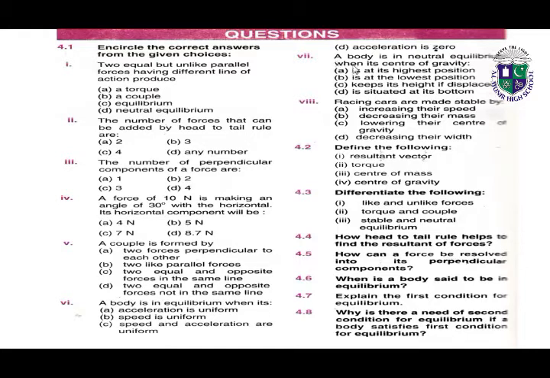Number 7. A body is in neutral equilibrium. Answer is C, keeps its height if displaced. Part number 8. Racing cars are made stable by, answer is C, lowering their center of gravity.